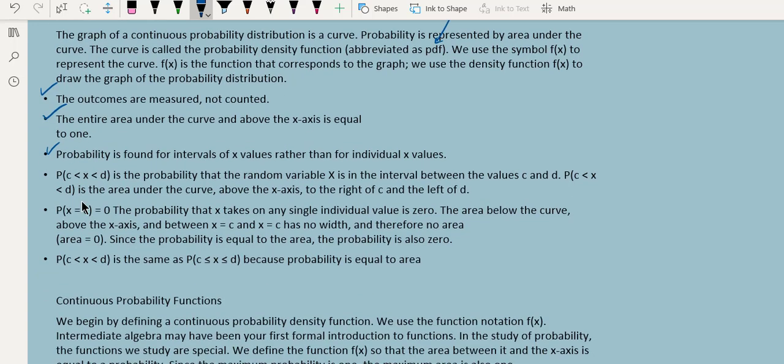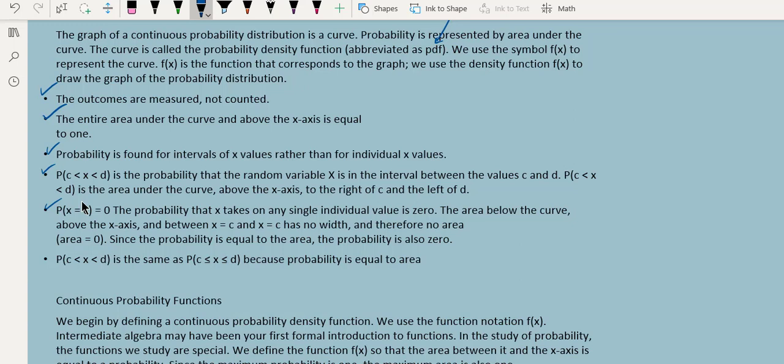And if we are talking about a probability in between two numbers, we want to consider everything to the right of C and to the left of D. Meaning, if we have the probability of C less than X less than D, we want to go in between those two numbers. And if our probability has to deal with X equal to a particular number, it is always going to be 0, because the probability is equal to the area.